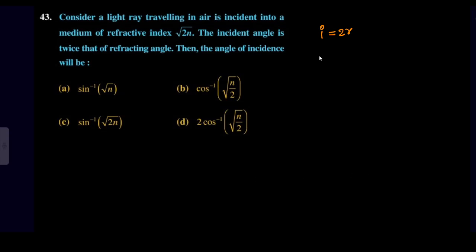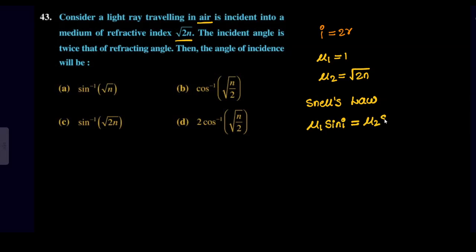Now we can apply Snell's law. Here medium 1 is air, so mu1 is 1, and medium 2 refractive index is given, mu2 equal to root 2n. So let's apply Snell's law: mu1 into sine i equals mu2 into sine r.